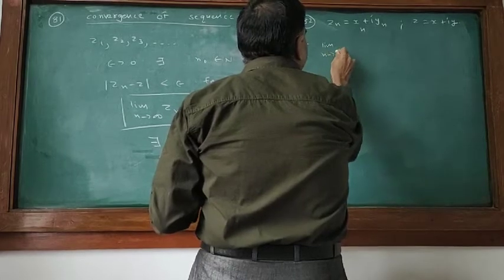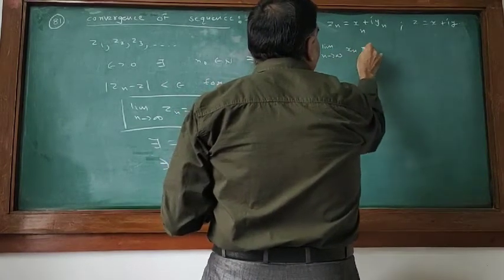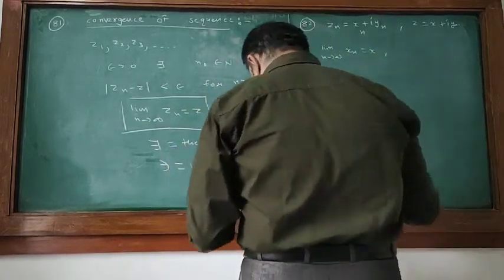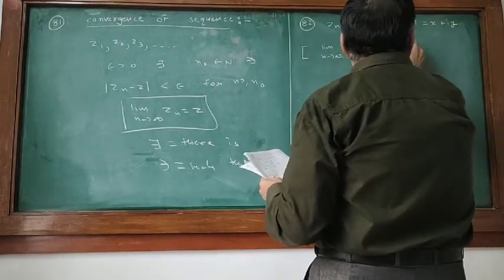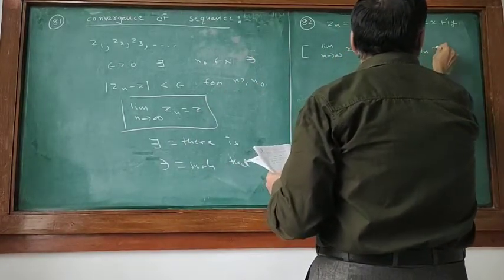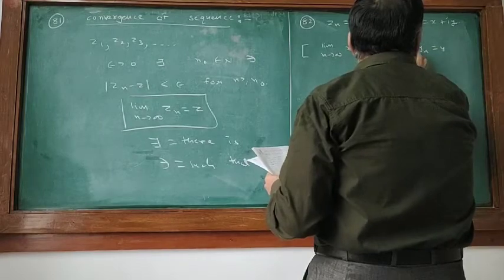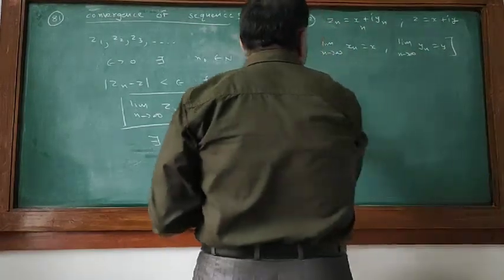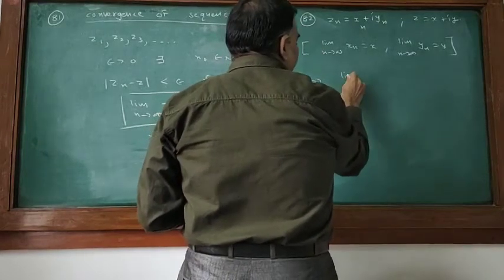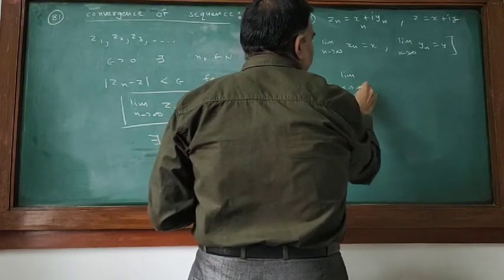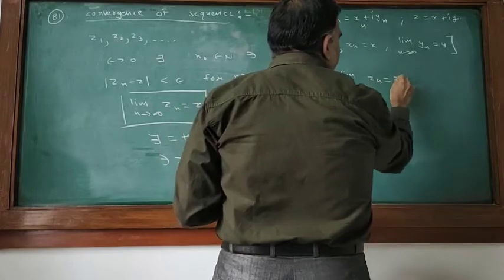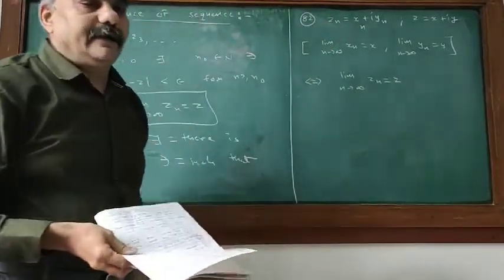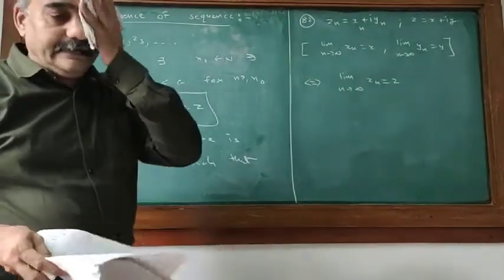Limit n tends to infinity, xn equal to x, and limit n tends to infinity, yn equal to y. This double implies, actually this is the statement which we want to prove, in double implies.